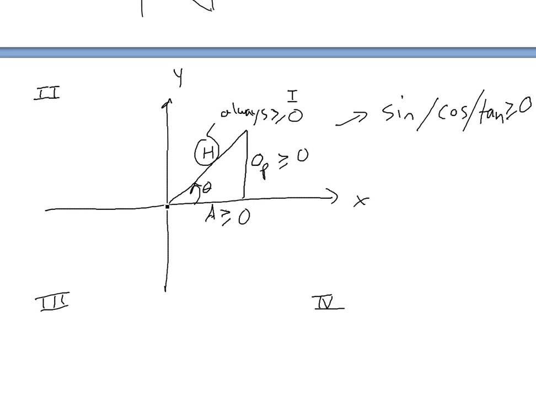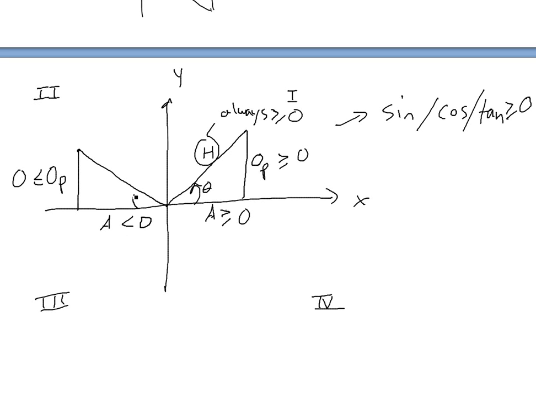And then if you look at this side, OP is still greater than or equal to 0, because it's still above the x-axis. It's just that A is less than 0, so this one is negative.